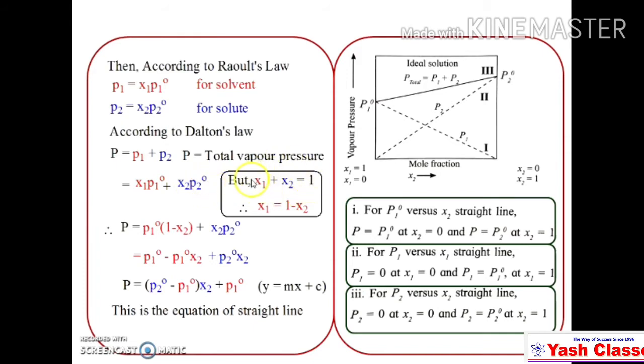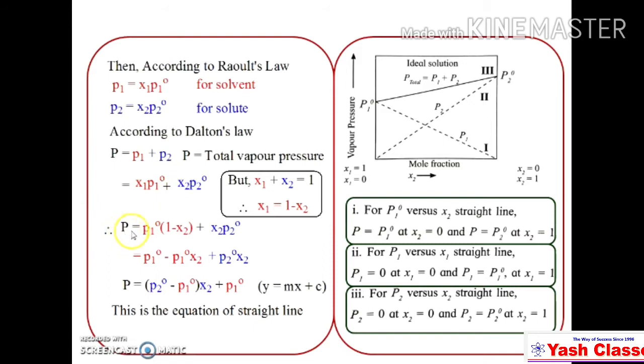Again we know that the sum of mole fractions of different components is always equal to 1. In a solution, the mole fraction of solvent plus the mole fraction of solute is always equal to 1, and therefore x1 is equal to 1 minus x2. Now we are going to substitute the value of x1 in this equation.